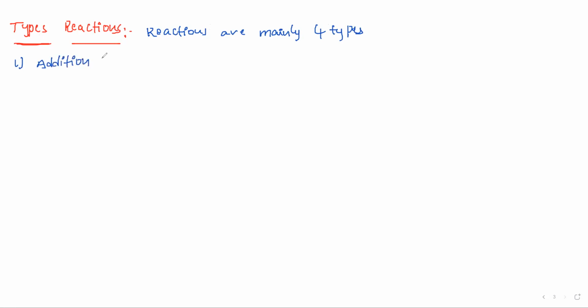The second one is substitution reactions. And the third one, elimination reactions.